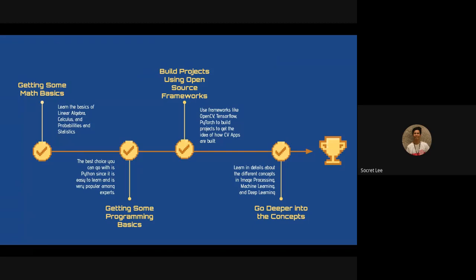And therefore, the final thing that you will need to learn is to go deeper into the concepts of computer vision. And those include image processing, machine learning, and deep learning. These concepts are used widely across the computer vision field.